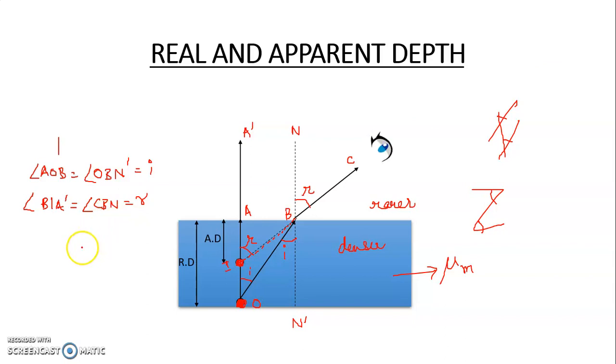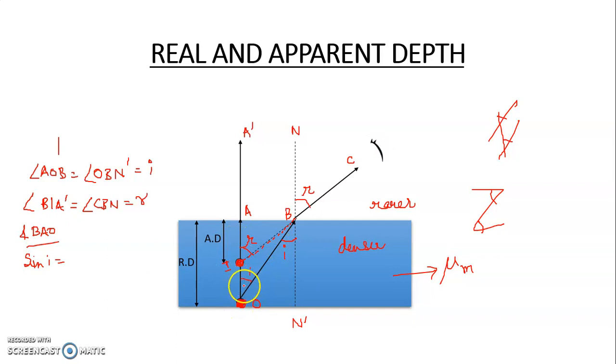Now in a right angle triangle BAO, can you see this right angle triangle BAO? In the right angle triangle BAO, what you can observe is, if you find out sin i, can you see i in BAO? So we take out sin i.